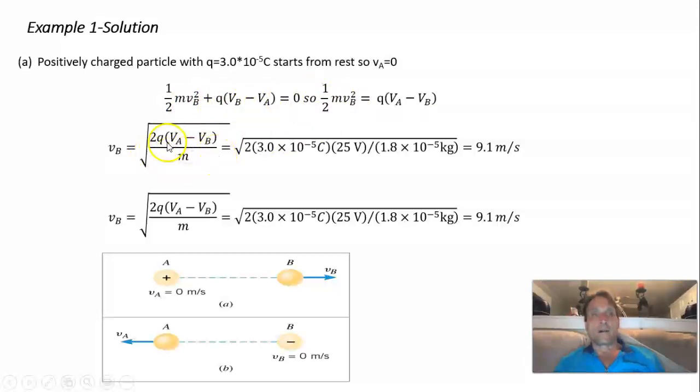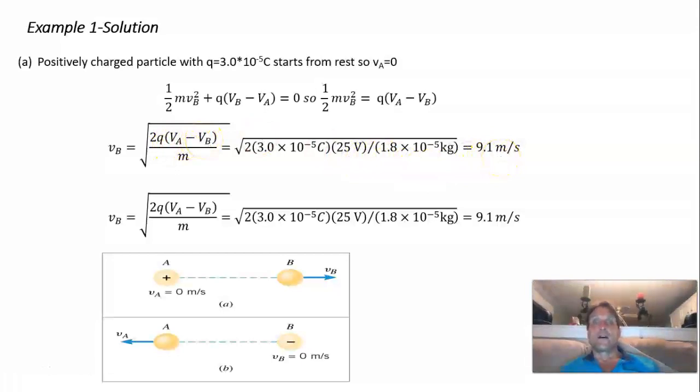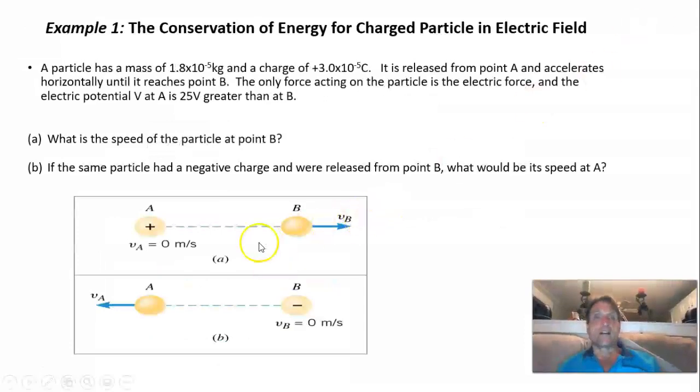We plug in numbers. q is equal to 3 times 10 to the negative 5 coulombs. V_A minus V_B is positive 25 volts because A is at a higher potential than B. And then we divide by the mass, and we get that the speed of the particle by the time it gets to point B is 9.1 meters per second.